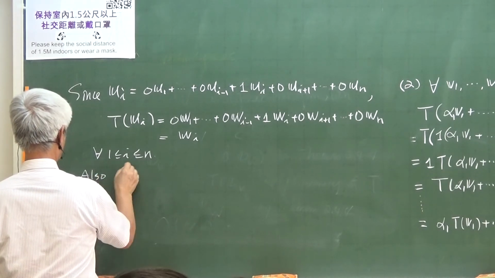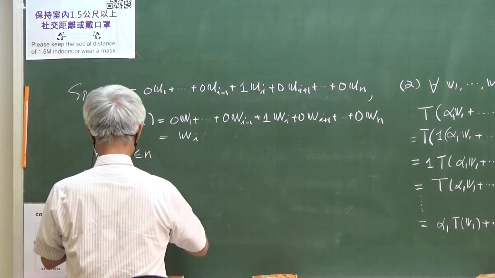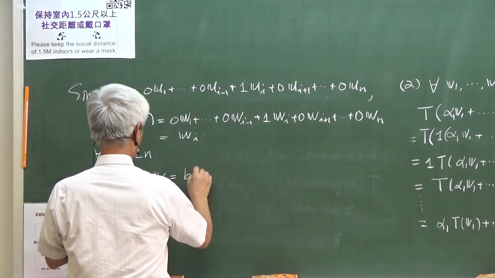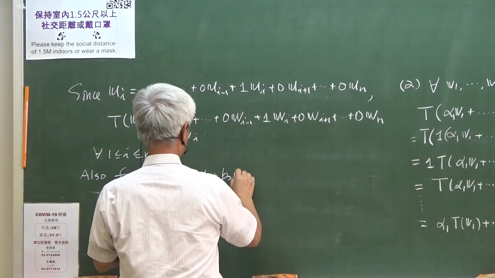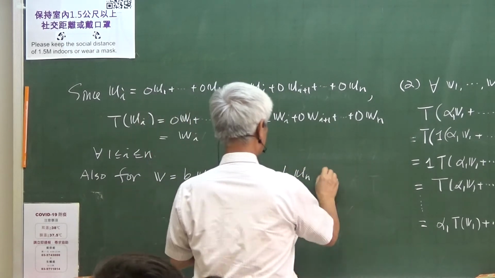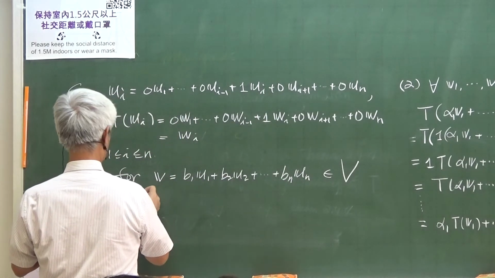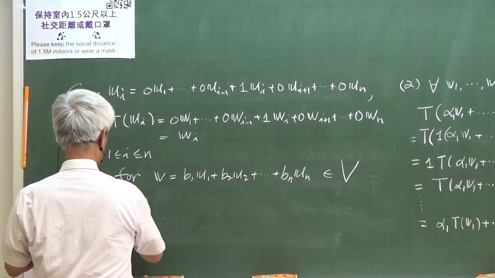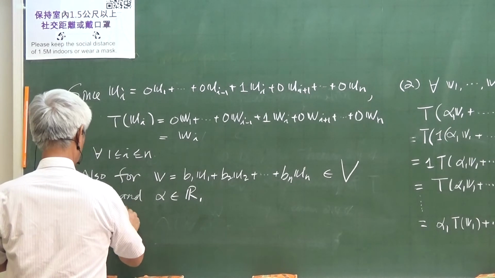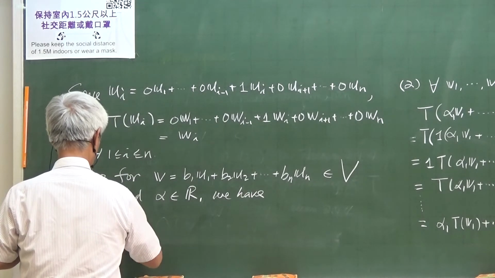Now also for u and v, where u equals a1 u1 plus a2 u2 plus up to an un, and v equals b1 u1 plus b2 u2 plus up to bn un, in V, and alpha in R, we first look at u plus v.